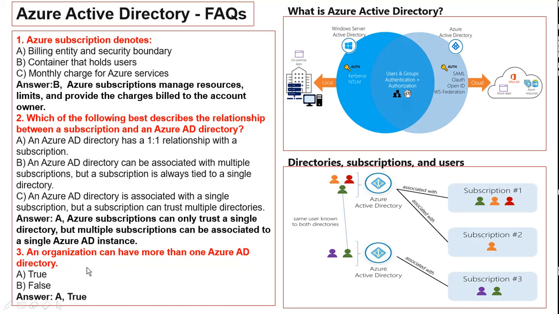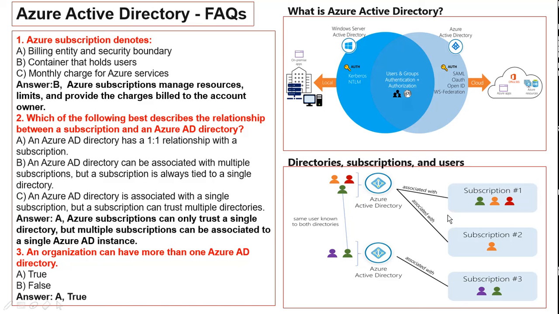Now, Azure subscriptions can only trust a single directory, but multiple subscriptions can be associated to a single Azure AD instance. Remember, your user ID is coming from Active Directory, which was set up by having your access permissions in the traditional organization setup. Now, in the cloud, you have different services. The same ID is mapped through SAML between these two circles.